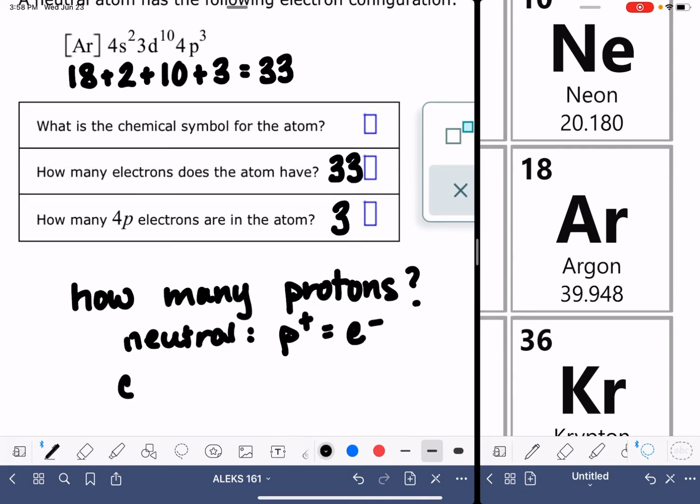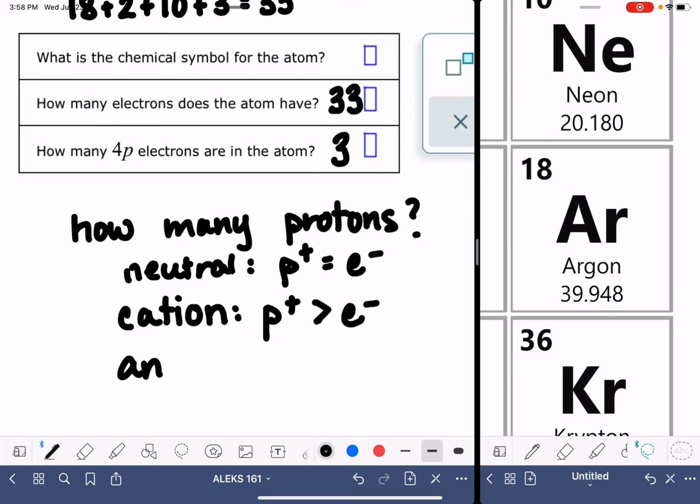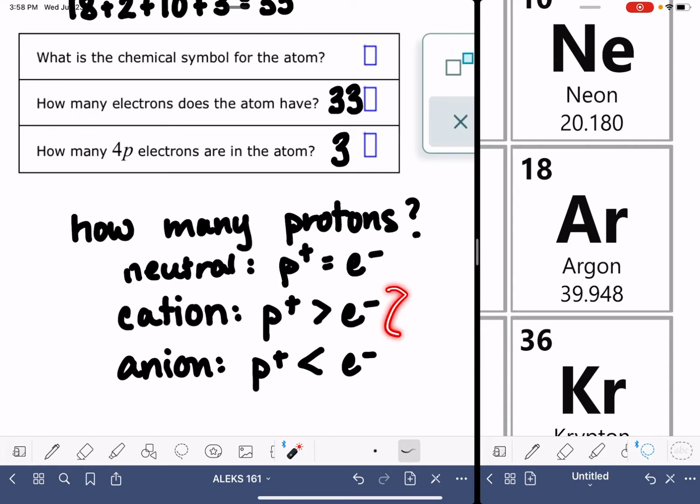If you have a cation, that means that the number of protons is greater than the number of electrons. And if you have an anion, that means that the number of protons is less than the number of electrons. Specifically, the difference between protons and electrons is going to be given to you in the charge.